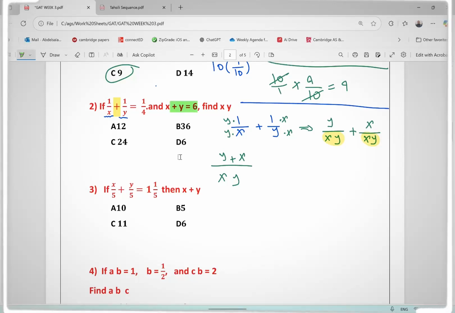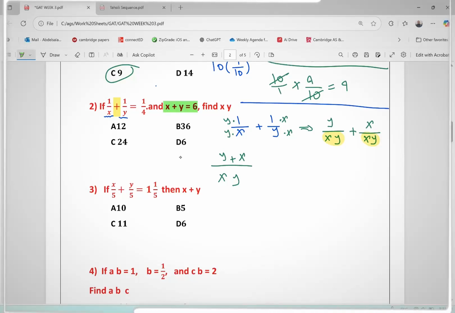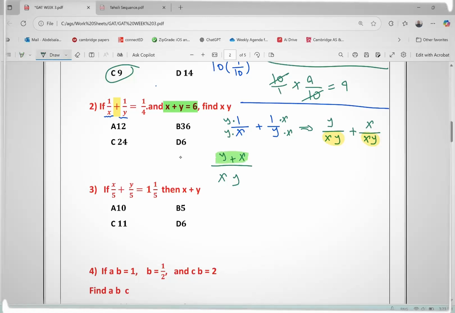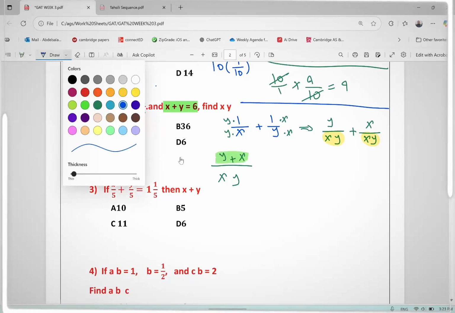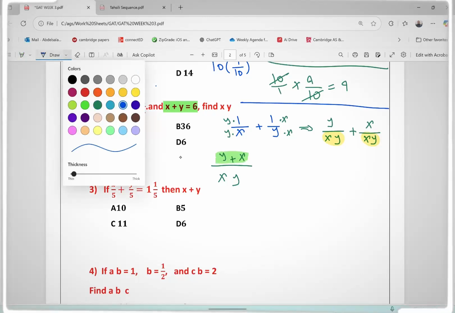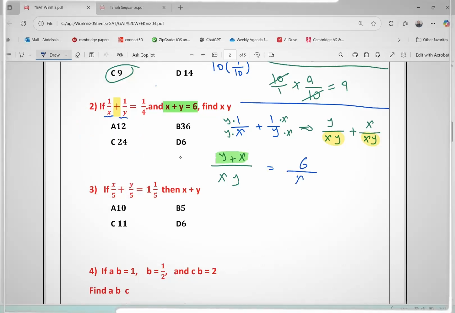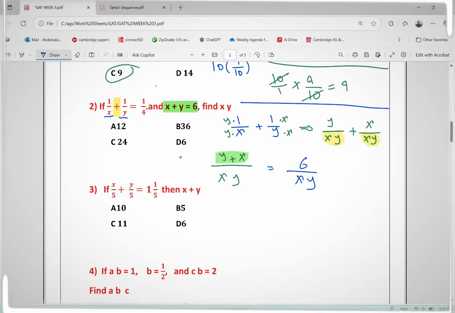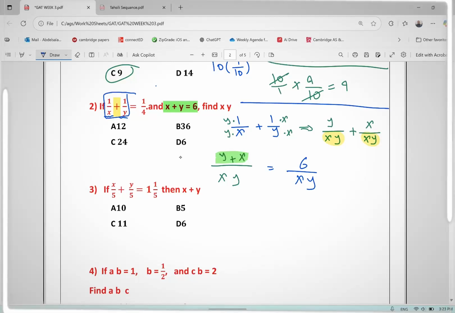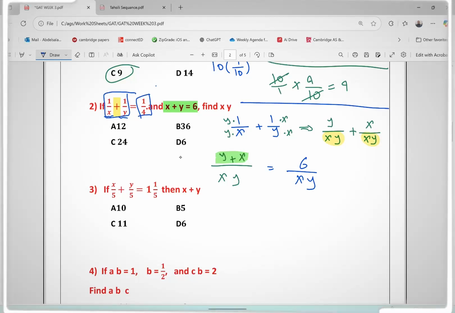He said x plus y is what? x plus y equals 6. So I can replace this expression. I do not know the value of x and the value of y, but I can replace x plus y, so I can write here 6 over xy. Remember, I only focus on the left-hand side. Here I have the right-hand side, which is 1 over 4. So I write here 1 over 4.